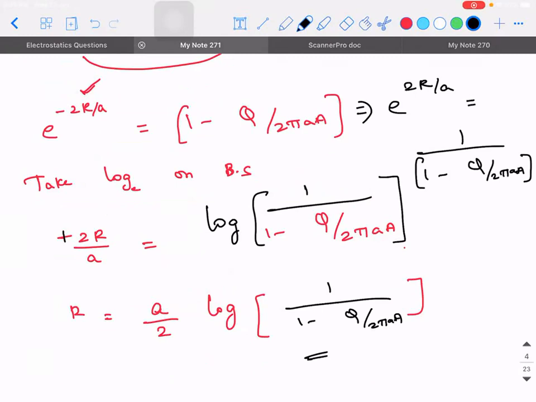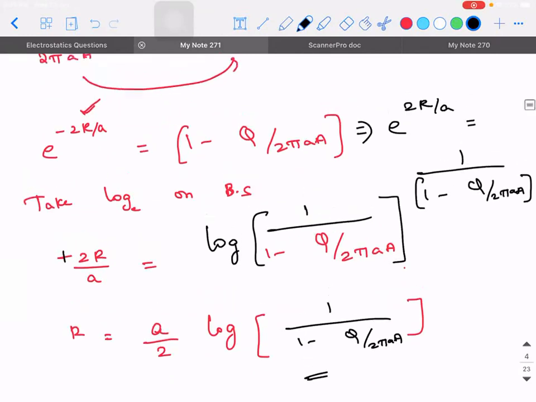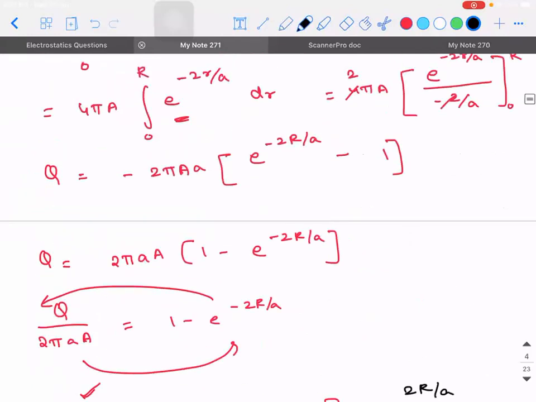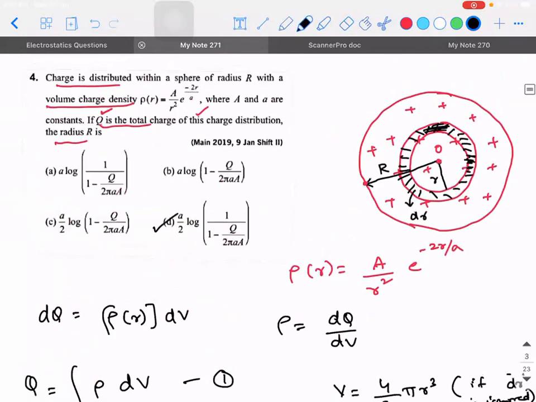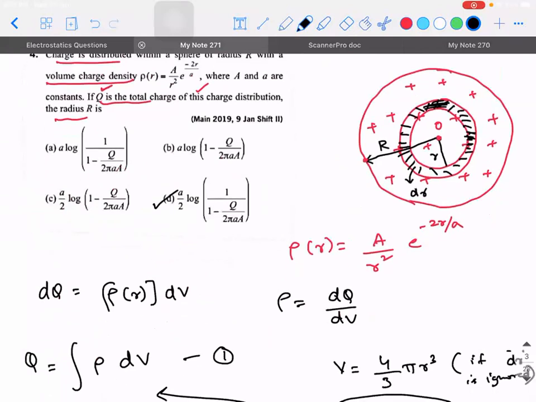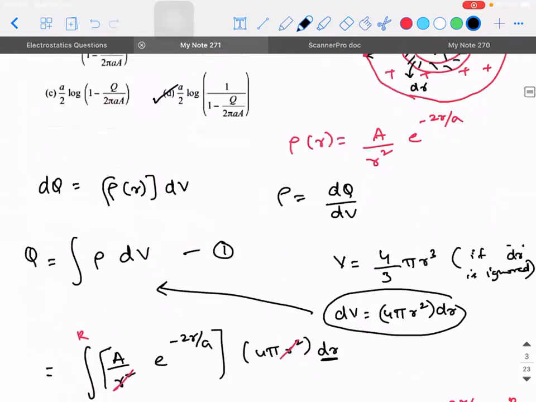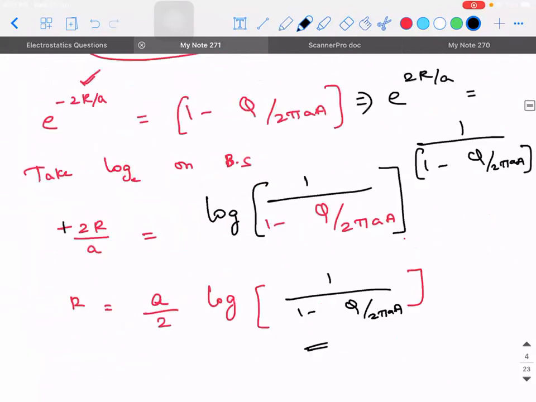That is, I took the reciprocal. So R is equal to a by 2 into log of 1 by 1 minus q divided by 2 pi into small a into capital A. Clear?